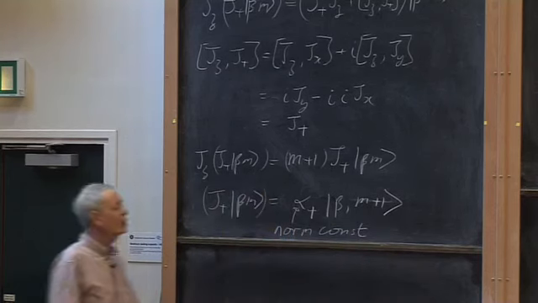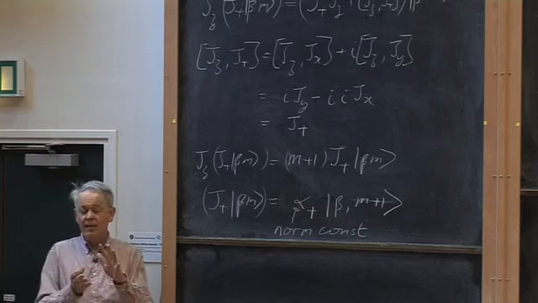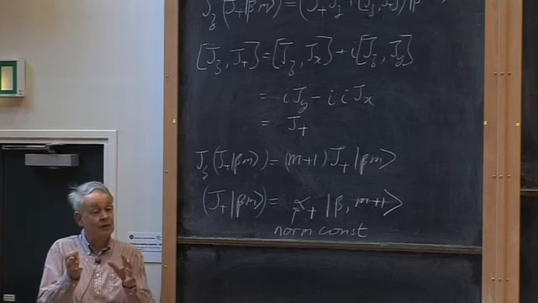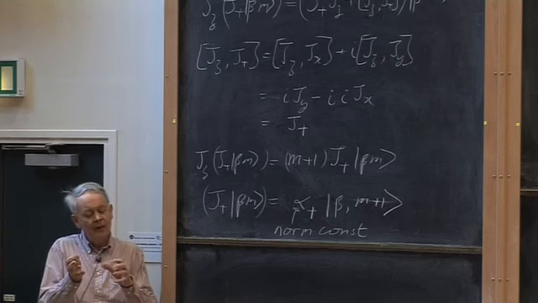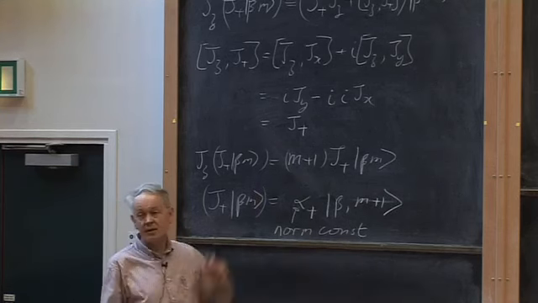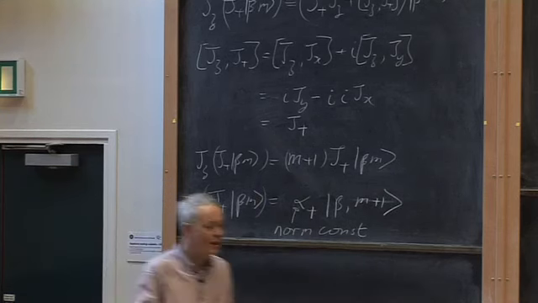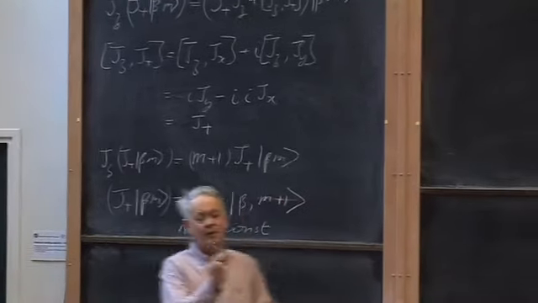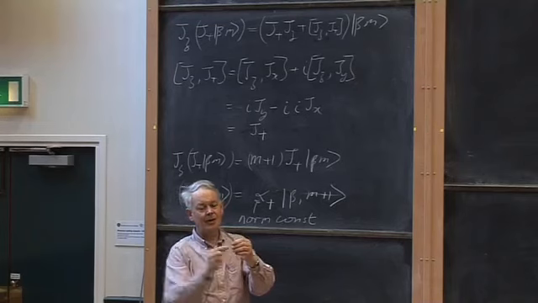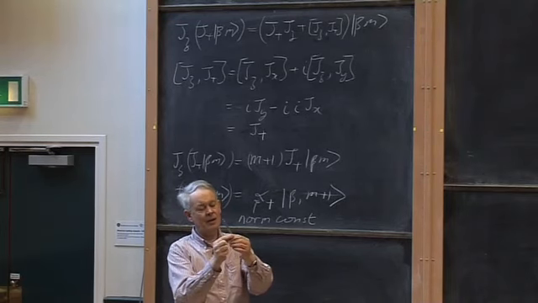So what have we achieved? When we applied j plus to this state jm, we made a new state with the same total amount of angular momentum, the same response to j squared, but the amount of this parallel to the z-axis has increased. So we have reoriented our system. We have a spinning top, some angular momentum along here, and we've moved it a bit towards the z-axis.